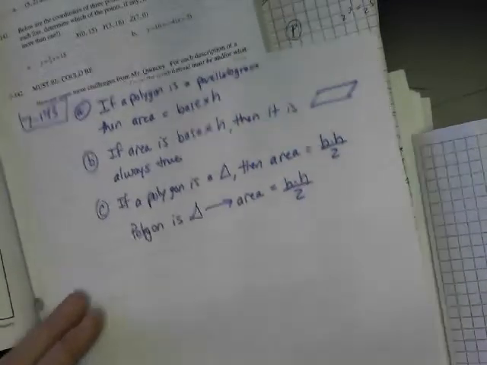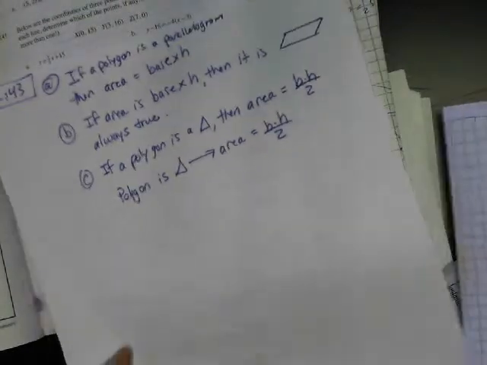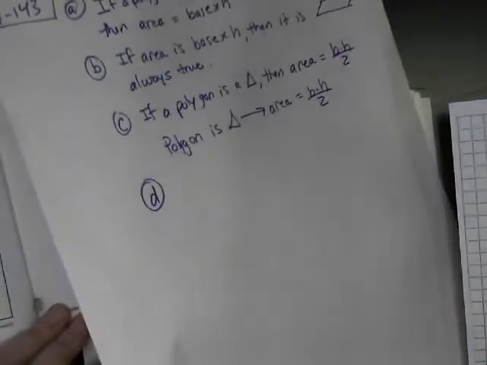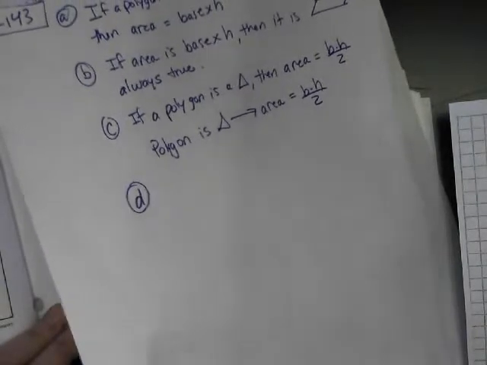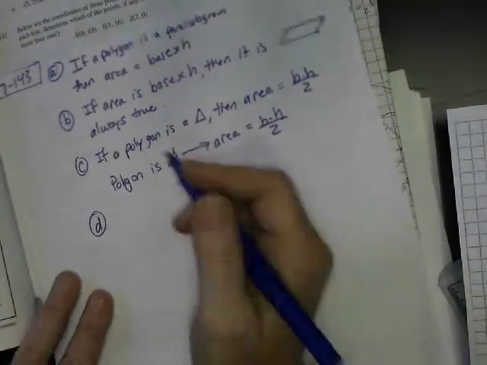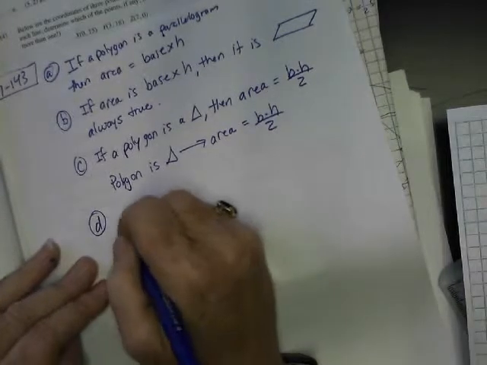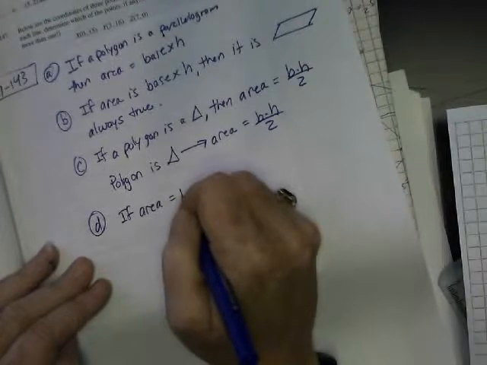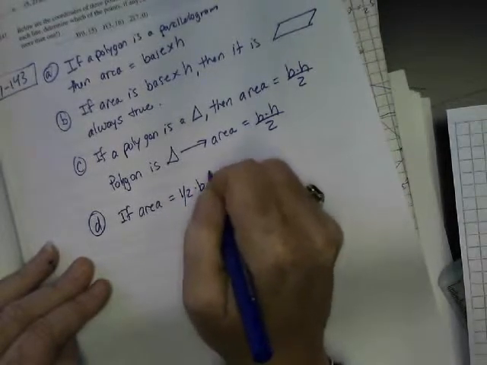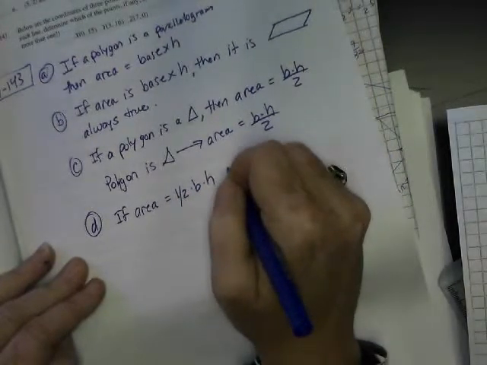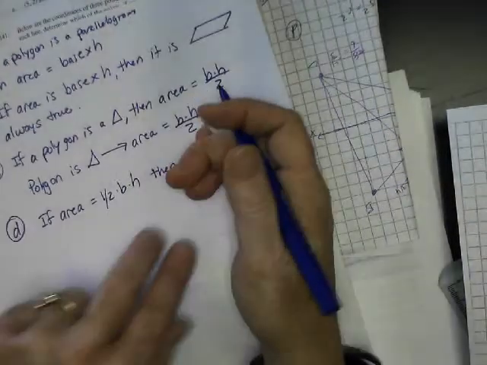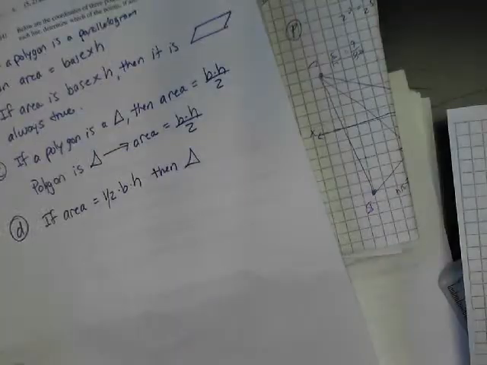Okay, so we did letter C. Is there a D? Yeah, here's letter D. Is the converse true? Write the converse, and is it true? Mine it's true. Then it automatically equals a triangle no matter what.